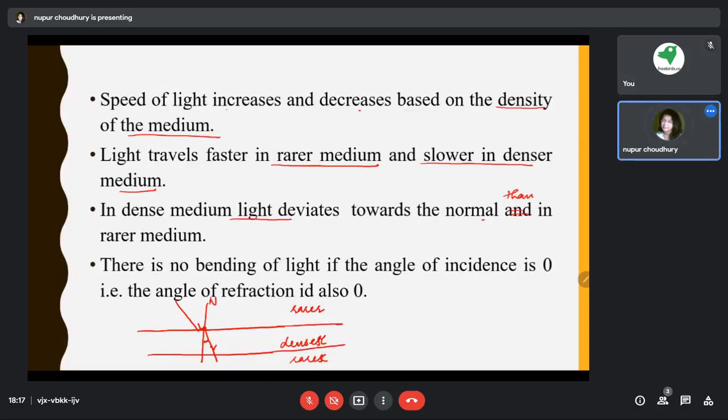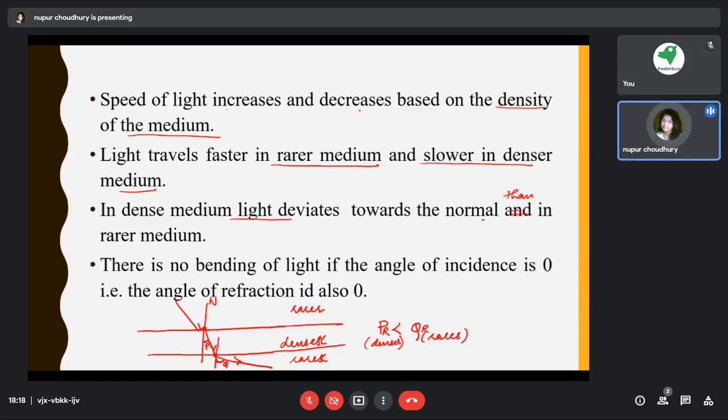If my light is incident here, again there will be a normal. Here the ray of light will be refracted at a bigger angle. So if I'm considering P and Q, P will always be lesser than Q with respect to the normal, because P was in the denser medium and Q was in the rarer medium. Both of them are the angles of refraction, right? So this I believe is clear.